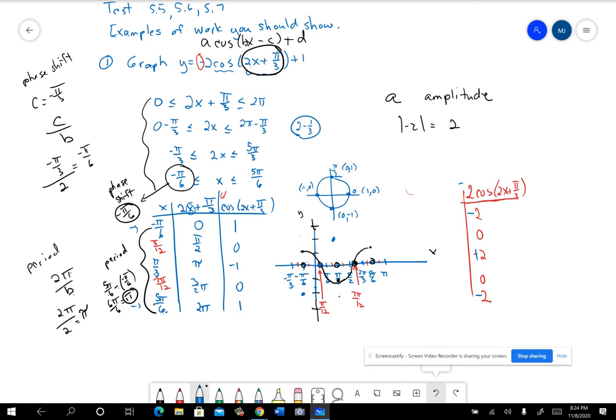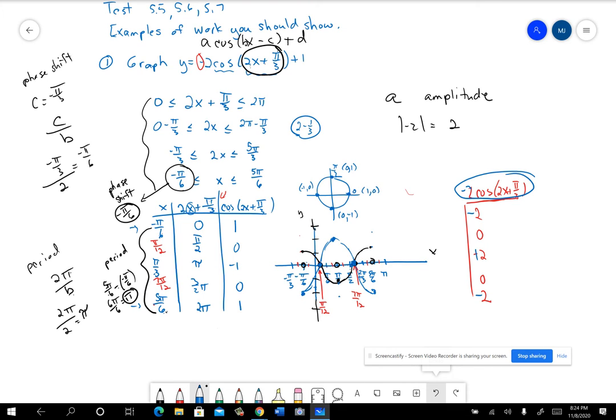This point that was at 0 is going to stay at 0, and this point that got stretched to 2 then got flipped across the x-axis. So that same picture is being stretched and flipped across the x-axis. So that's what I'm doing. This I'm doing in blue, including the negative.